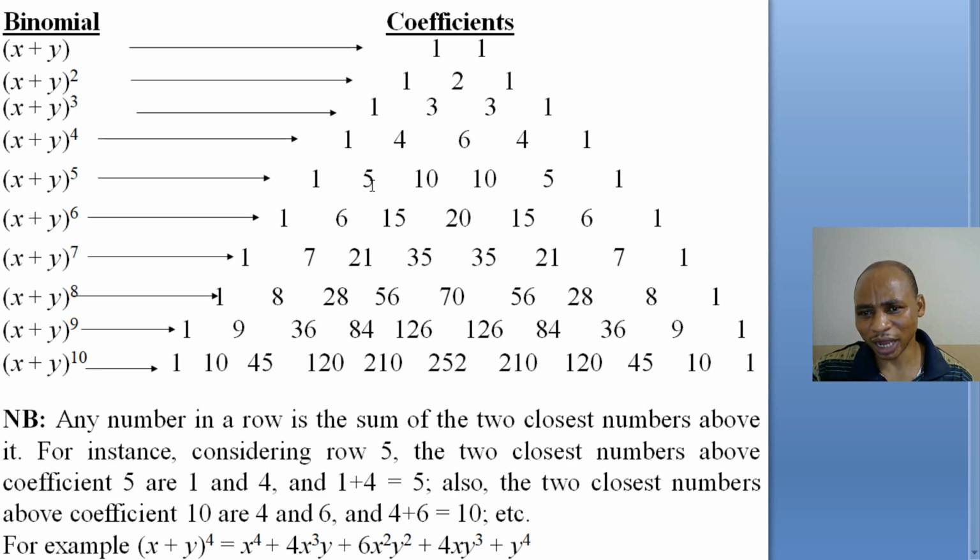You see that directly above it are the consecutive numbers 1 and 4. So when you add 1 to 4, you end up getting 5.